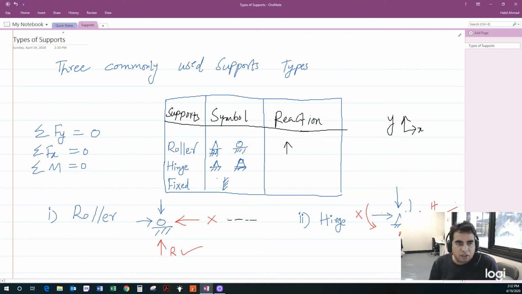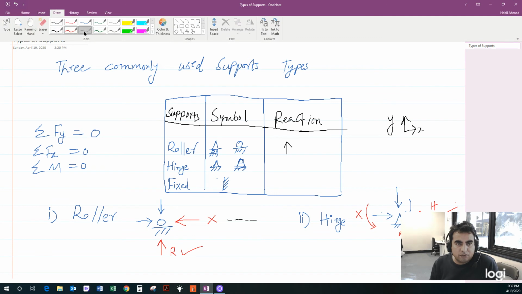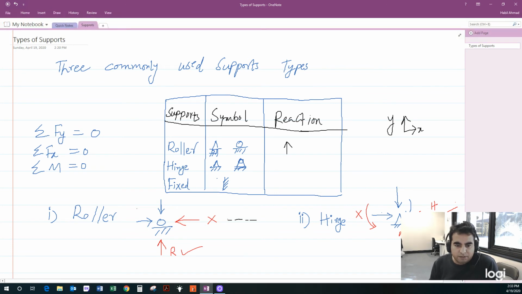And so is the case in the roller support, that if a moment is applied, the support is not able to resist it. Alright, so finally we now know that the hinge support can resist the vertical loads and forces and the horizontal loads and forces.